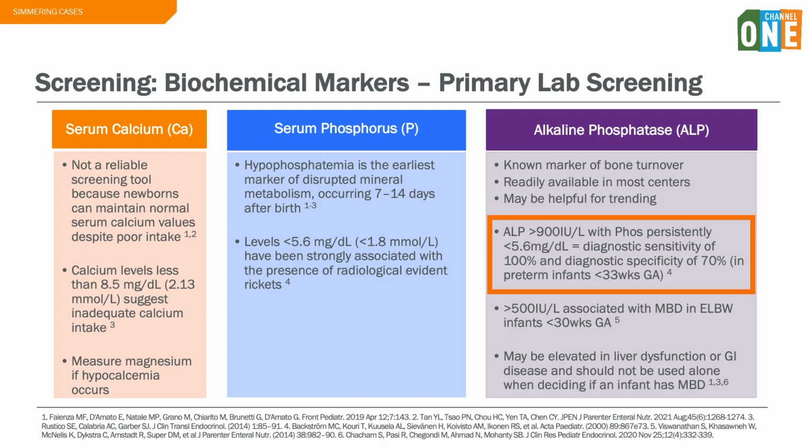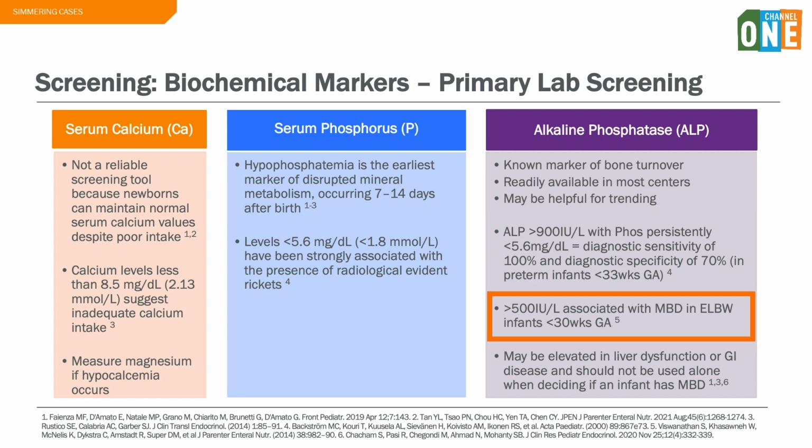In a study of infants who were less than 33 weeks gestational age, an alkaline phosphatase of greater than 900, along with a phosphorus that is persistently less than 5.6, had a diagnostic sensitivity of 100% and a diagnostic specificity of 70%. So this combination of an elevated alkaline phosphatase and a low phosphorus may be particularly helpful in identifying infants at risk for fractures.